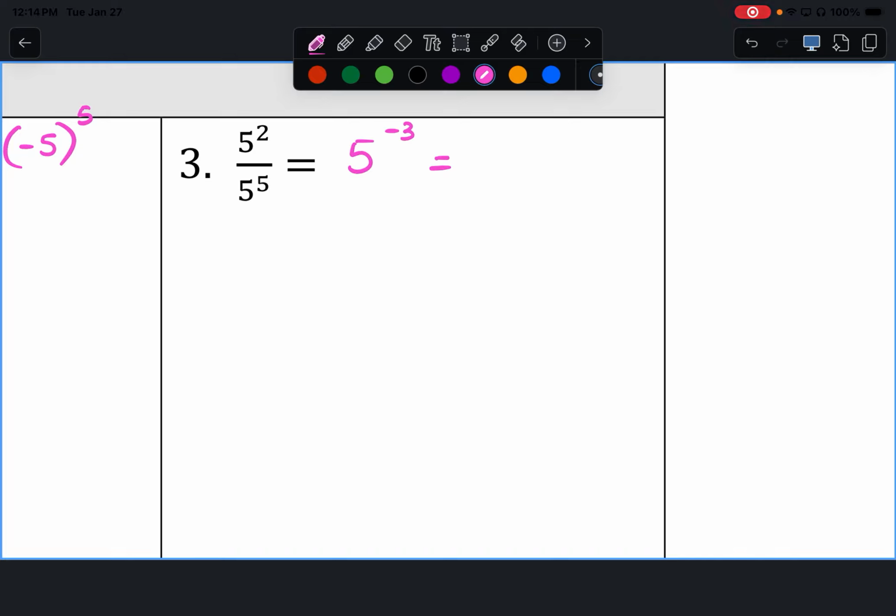If it's in the denominator, it's going to move up to the numerator. So in this case, this is technically over what? 1. So 5 to the -3, where is that going to cause it to move to? The bottom. So it will be 5, and when it moves, it's going to change to a positive exponent, over 1. And what is 5 to the 3rd power? 125. So it is 1 over 125.